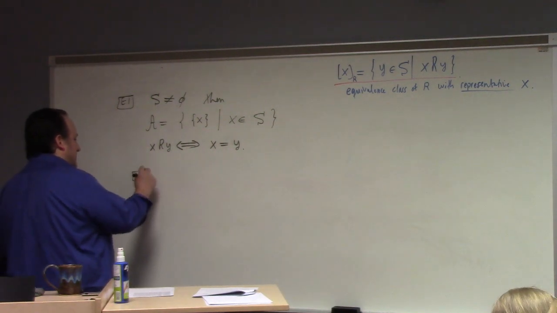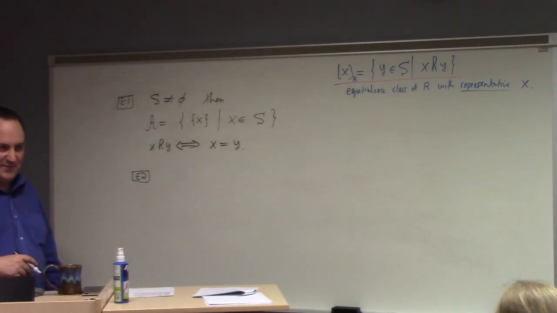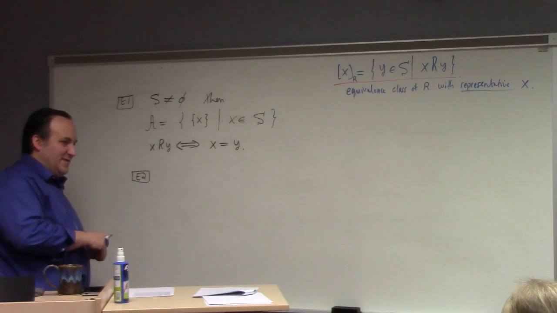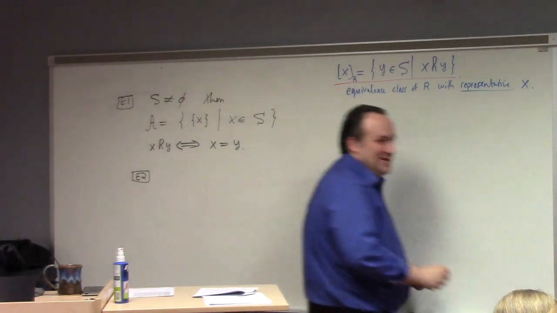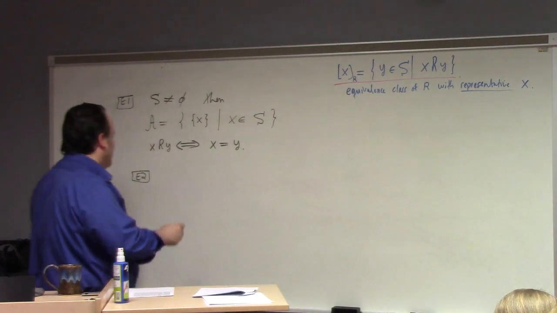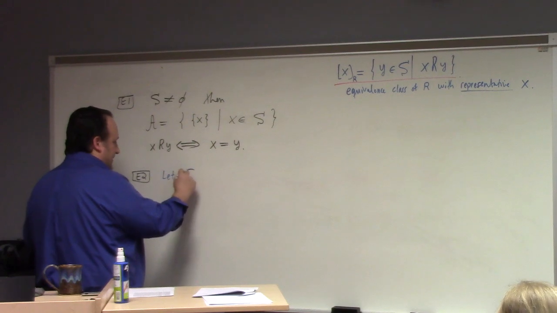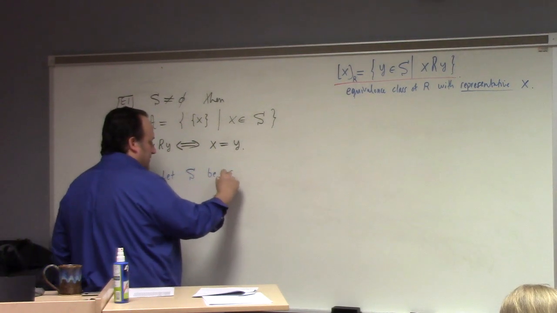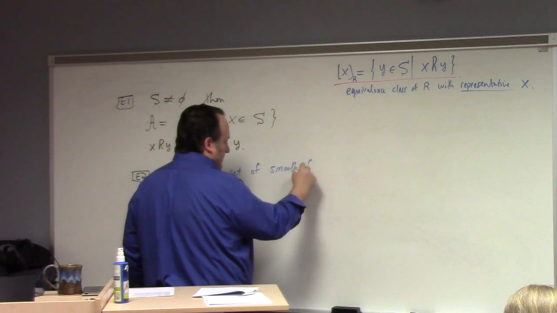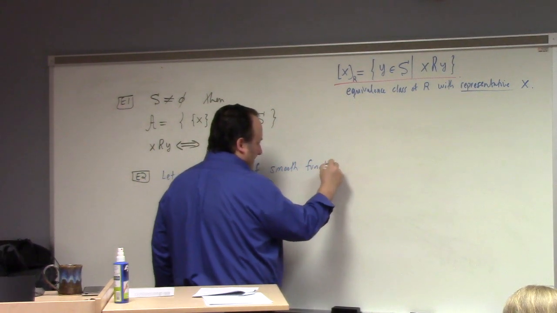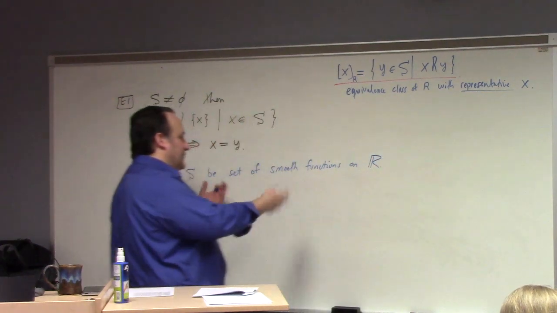Here's another one. And I don't think I put this one in the notes, and I'm not sure why, which makes me a little bit worried about telling it to you now. There must be a reason I put it in the notes. Maybe I'm about to find out why, because I've forgotten why I didn't put it in the notes, because I always give this example. If we let S be the set of smooth functions on R. So what are smooth functions on R?